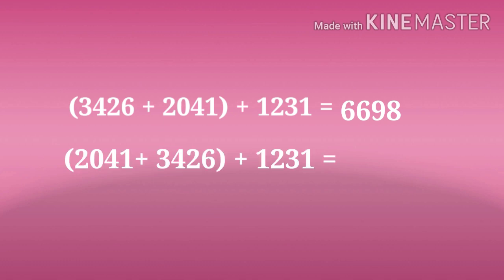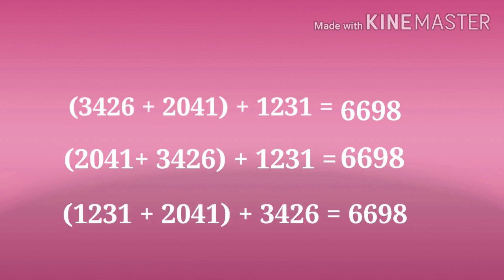That is 2041 plus 3426. That sum you can add with 1231. Then we will get the sum as 6698. Once again, we can regroup the numbers. So first 1231 and 2041.